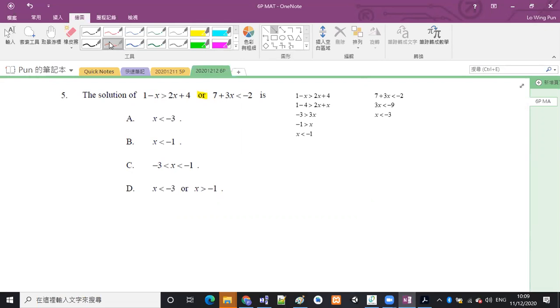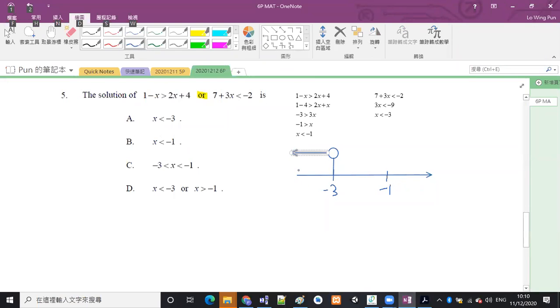So we need to draw a number line, and then we have negative 3, negative 1. This one is negative 3, this one is negative 1. Draw a stem standing on negative 3 and circle, less than negative 3, so it's pointing to the left.